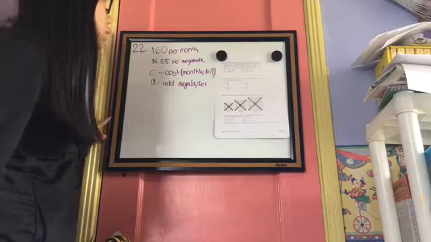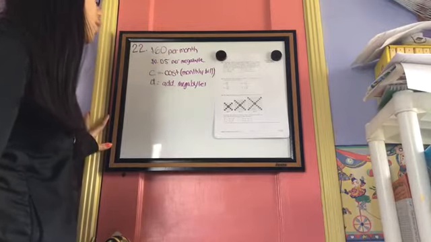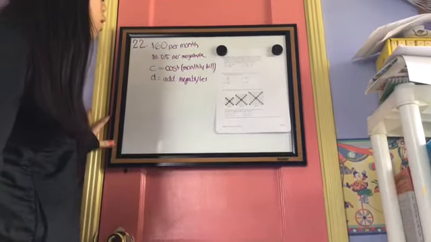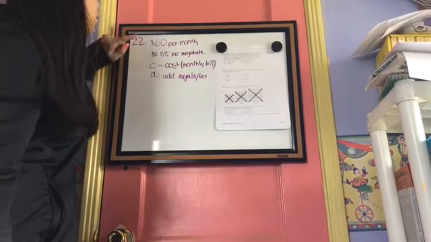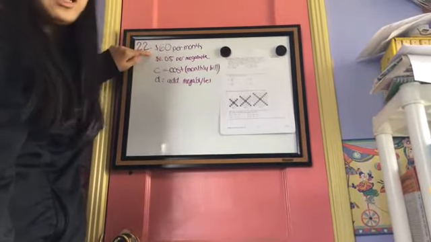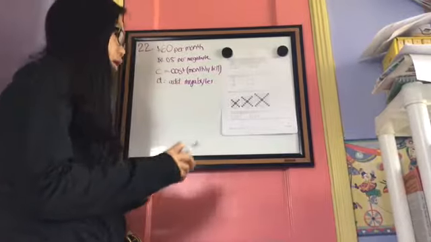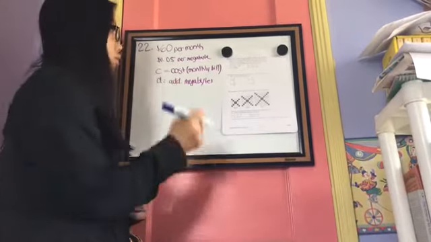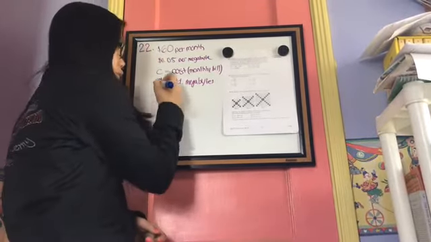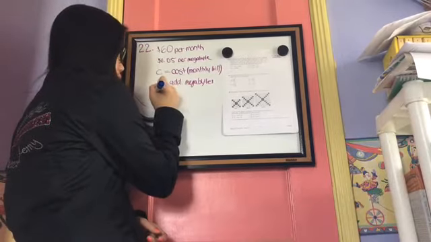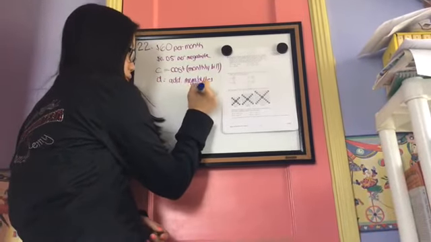Number 22 asks which equation can be used to determine the monthly bill. So, it is $60 per month, and that's a set cost. So that would be our b in the equation if we're using y equals mx plus b format, which we are. So that would be plus 60.